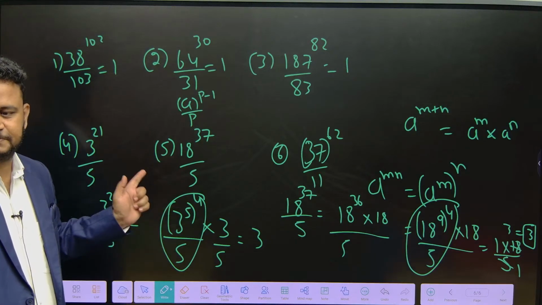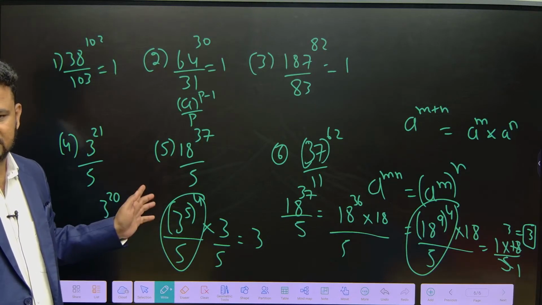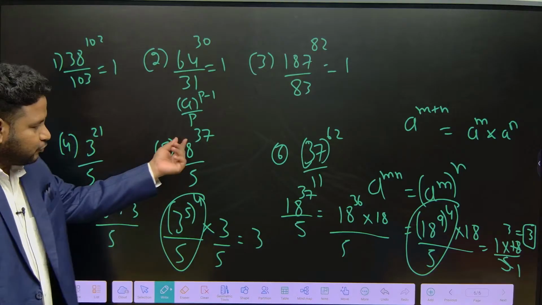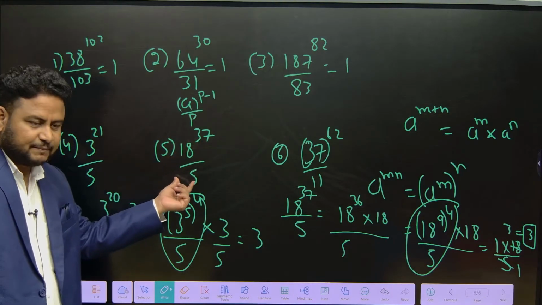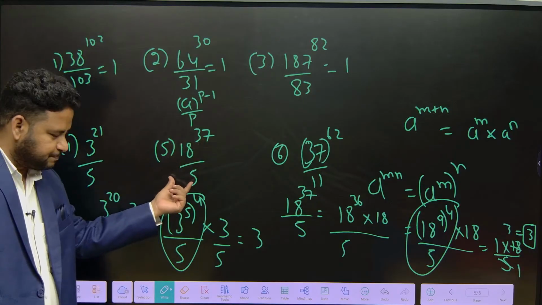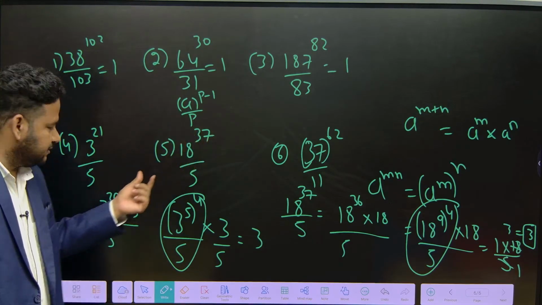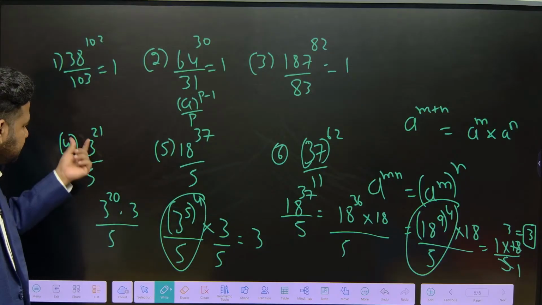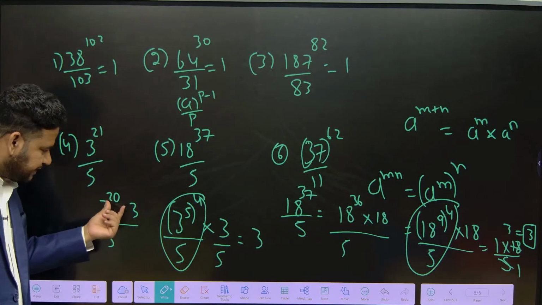If you know the law of exponents, it will be easy. You just have to understand the law of exponents. You have to modify this in such a way that it comes in the form of denominator minus 1, because this is p, it should come in the form of p minus 1. So 3 power 21, I wrote it as 3 power 20 into 3.